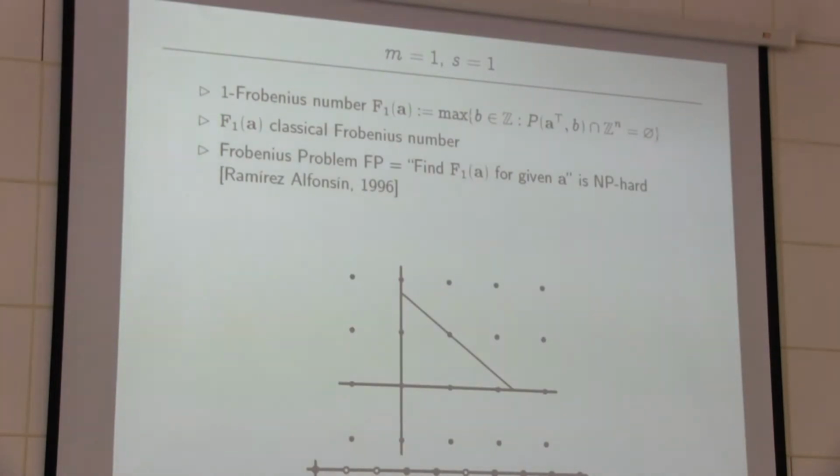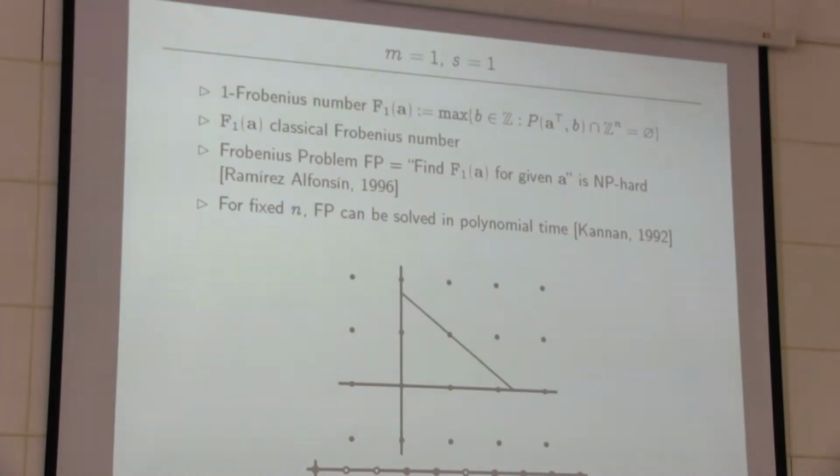So, very briefly, what is known about the Frobenius number and about the problem of finding this number, which is called the Frobenius problem? The problem is NP-hard. It was proved by Henk if the dimension n is not fixed. For any fixed dimension, the problem can be solved in polynomial time, and this was proved by Kannan in 1992.